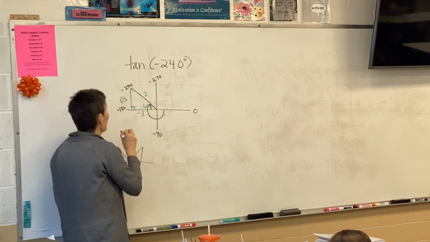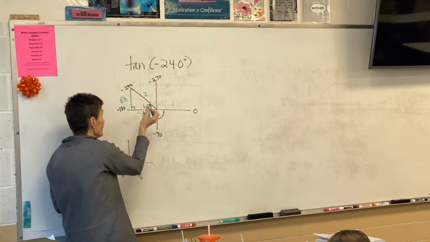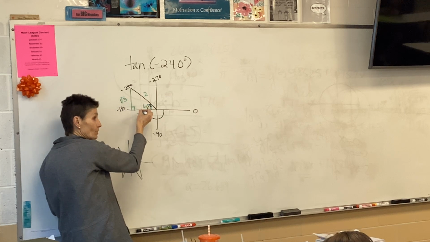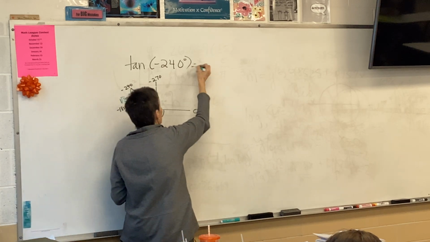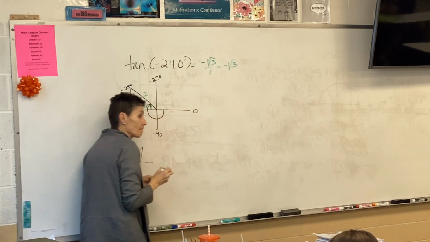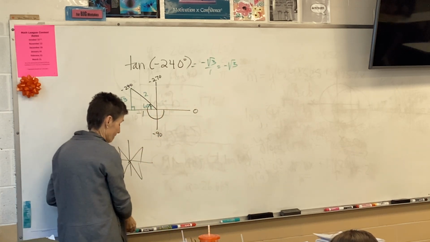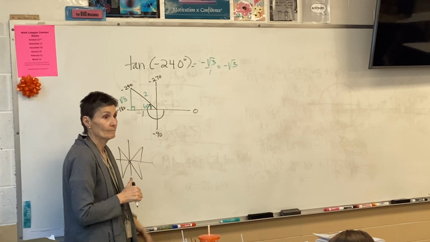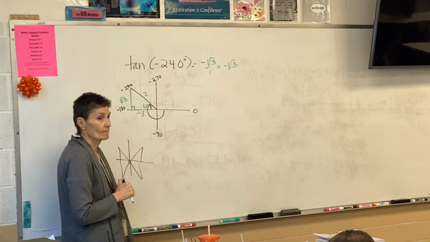Okay? Now, I want tangent. This is your angle. Tangent is opposite over adjacent, so negative root 3. Right? Yep. That's what I got.